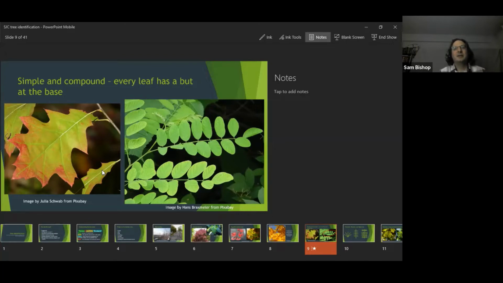You cannot rely on just leaflet size as a reliable predictor of if something is a leaf or a leaflet. Some trees can have very large leaflets, and some trees can have very small individual leaves.